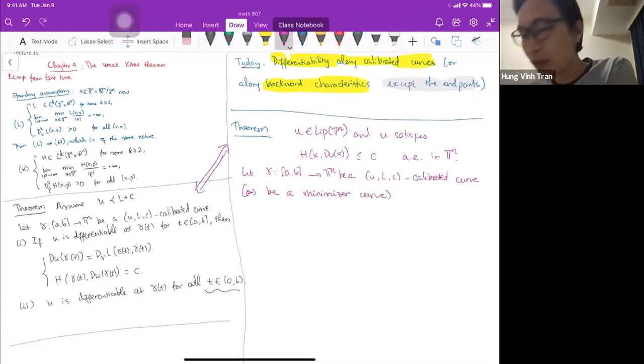That's already what we proved, given the fact that u is bounded by L plus c.